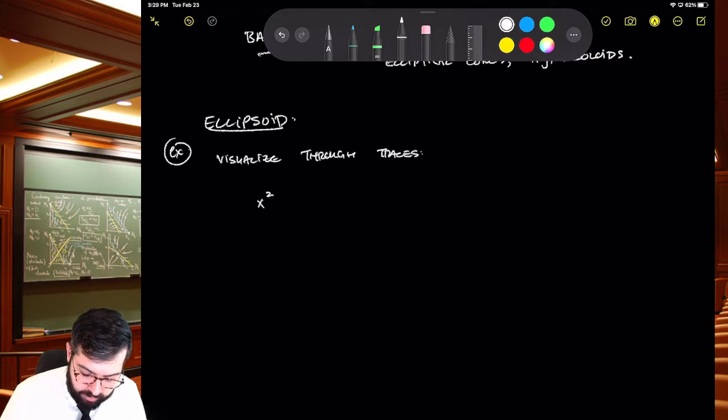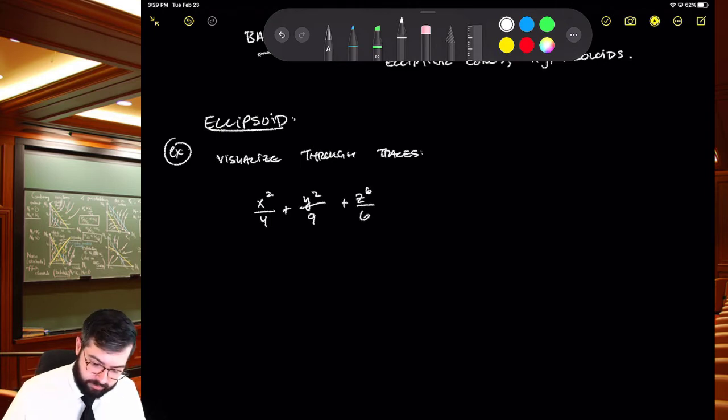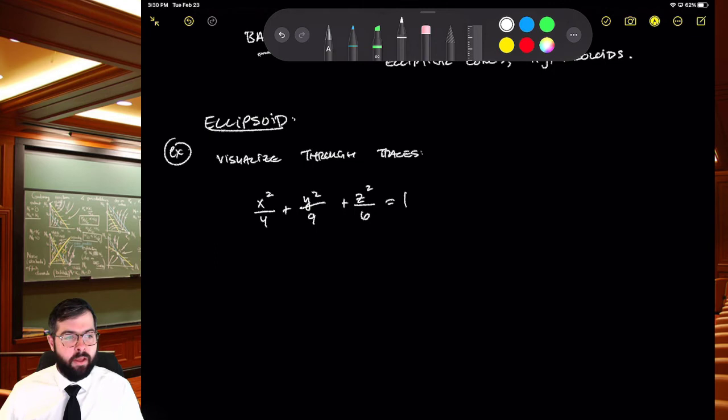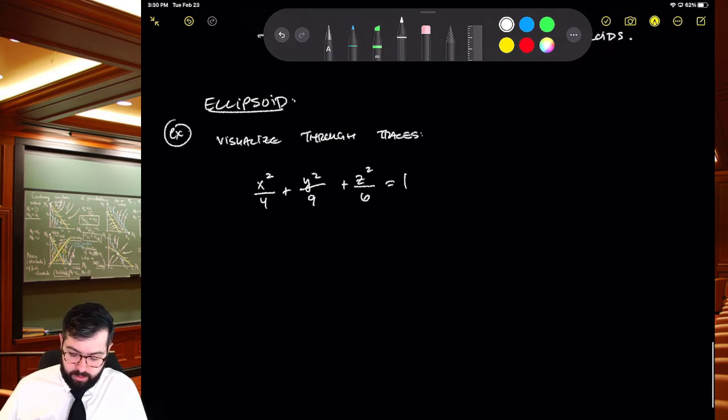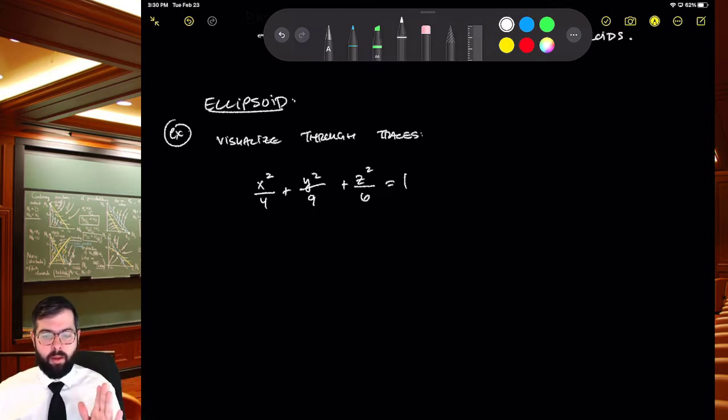the equation x squared over 4 plus y squared over 9 plus z squared over 6, not z to the 6th. Okay. So what we can do is break it up by fixing one variable and looking at what happens to the others.